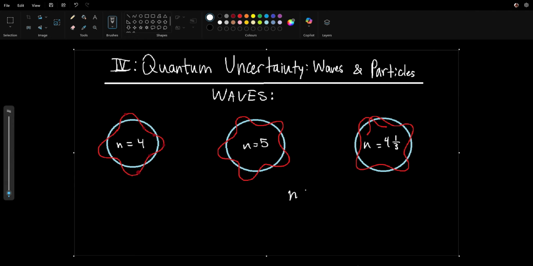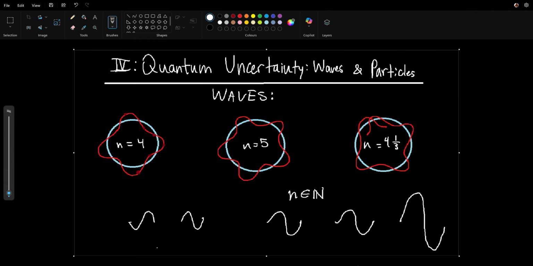So n is typically an element of the natural numbers, right? But when we have this, it's almost like we have 2 waves that are interacting. If we have 2 waves like this interacting, our resultant will be like this, and that's called constructive interference. But if we have a wave like this and a wave like this, starting from the same positions, then our resultant will just be a line. They will destructively interfere, and we will have no wave.